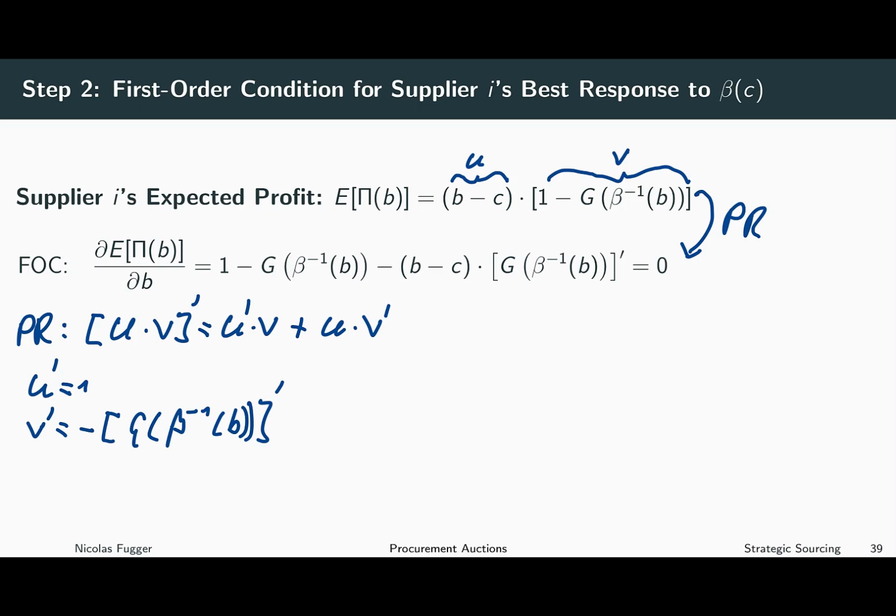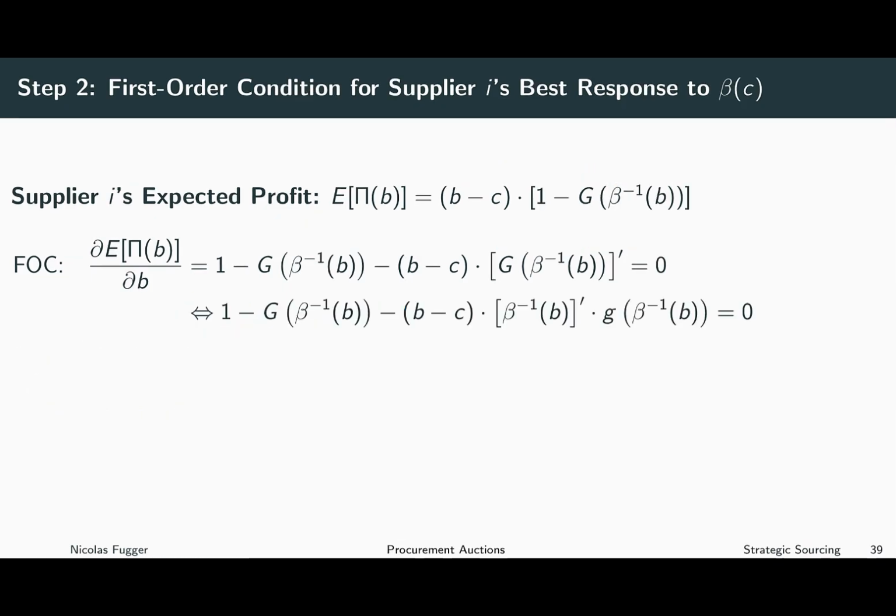Okay, that means here we have 1 times v, and here we have u times v prime. And in the next step, we want to take the derivative of this expression.